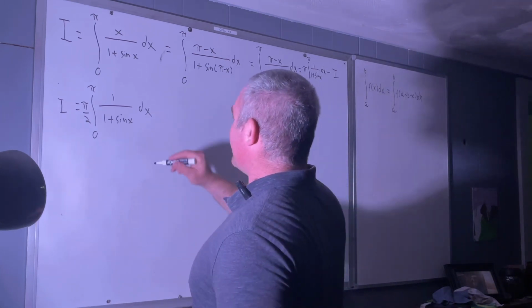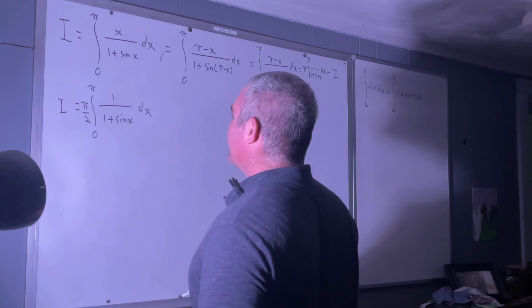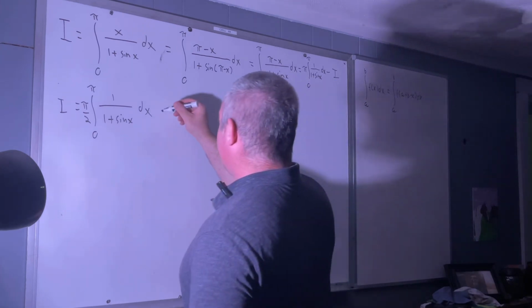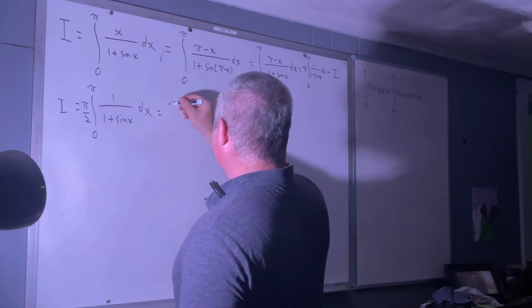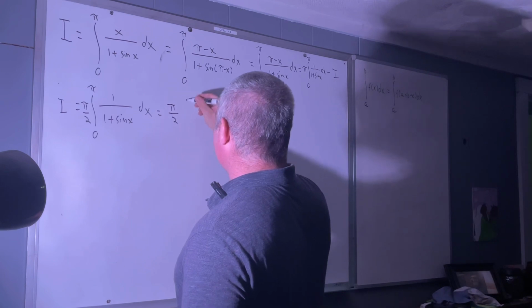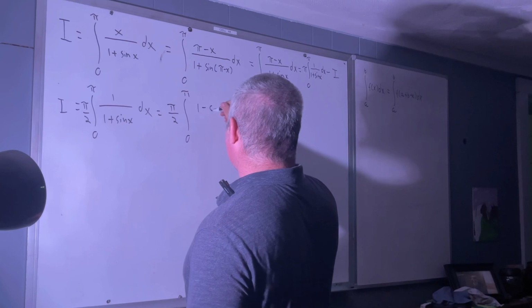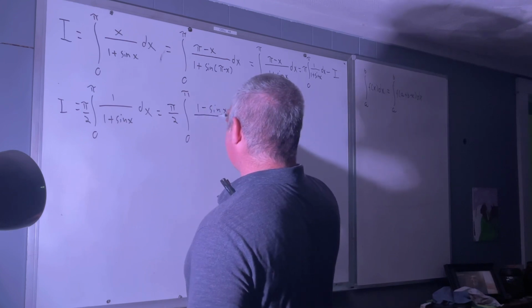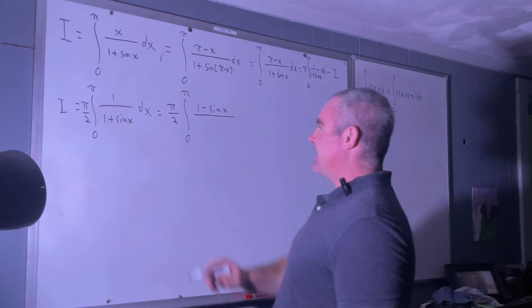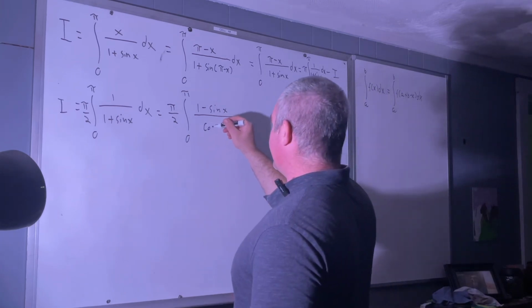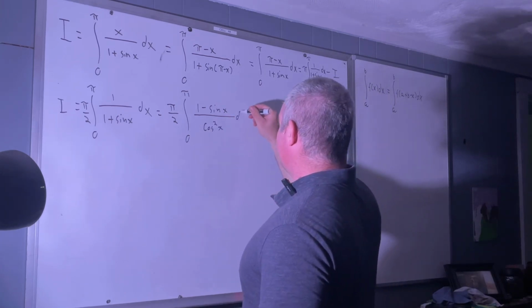So the first step is to multiply the top and the bottom by 1 minus sine x. So this is pi over 2 times the integral from 0 to pi of 1 minus sine x over 1 minus sine squared x, which is just cosine squared x, dx.